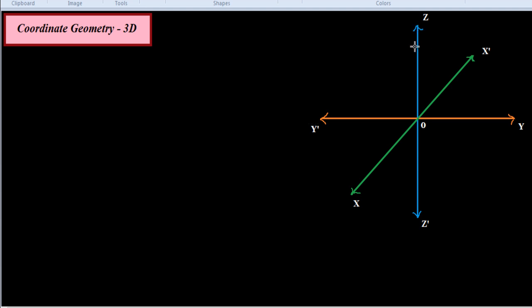This blue one is our z-axis, and this is our origin where all the axes meet at the origin, perpendicular to each other. So all the axes are perpendicular to each other. Just look at this.